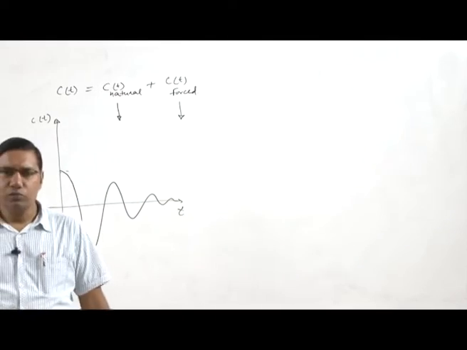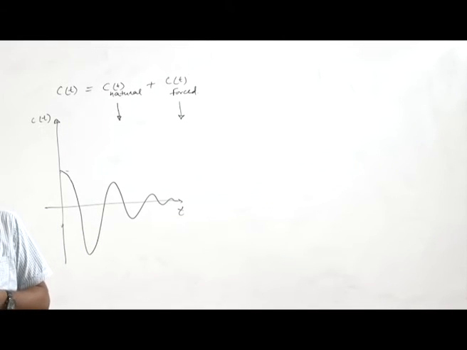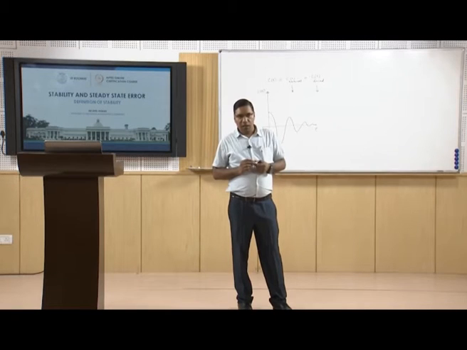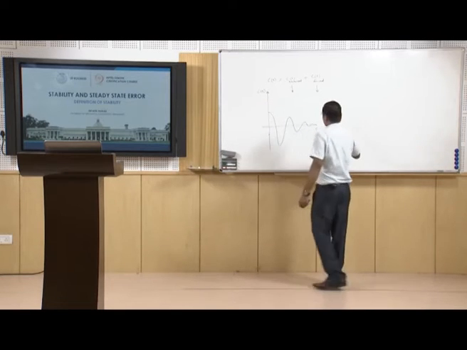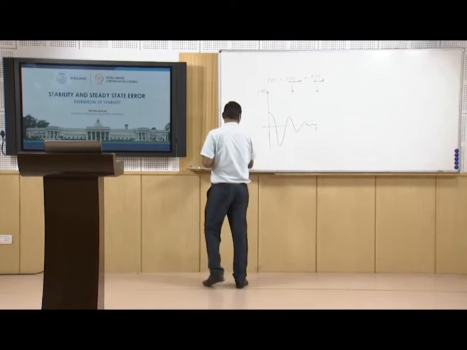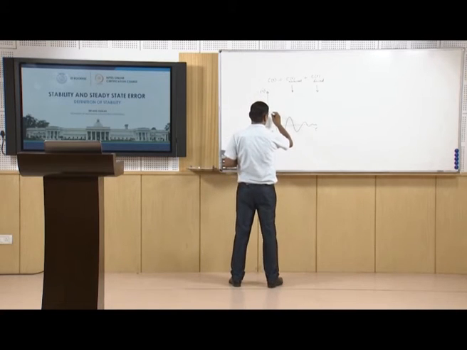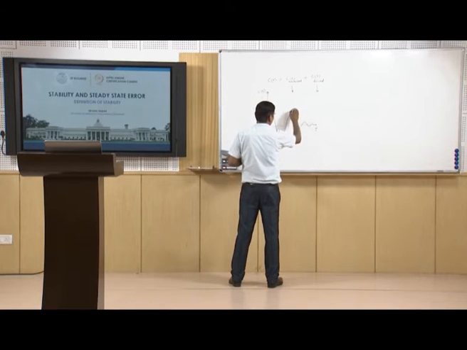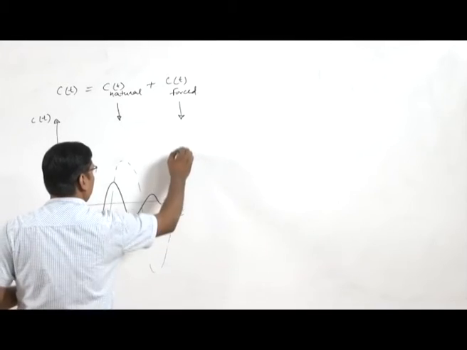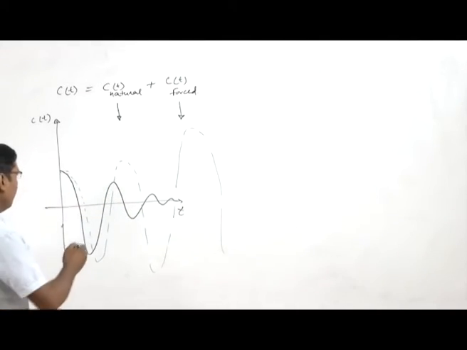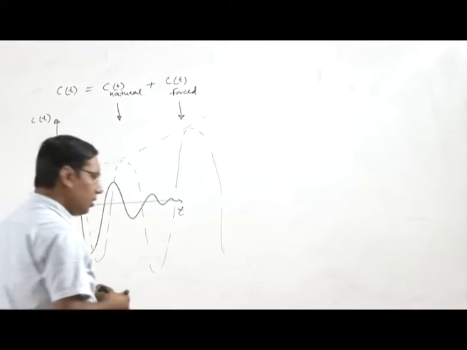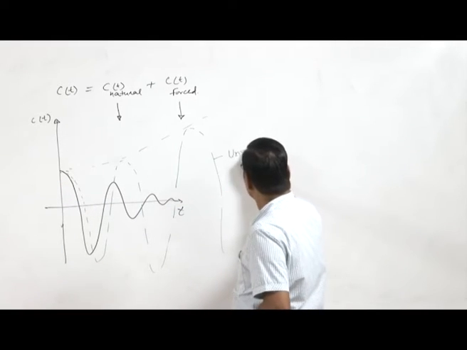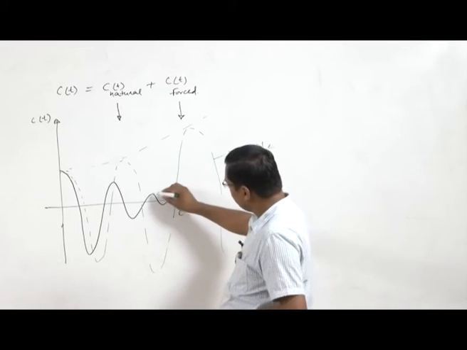So it approaches 0 with time, and then it is called a stable system. And if this response grows with time, it is called an unstable system, and this is stable.